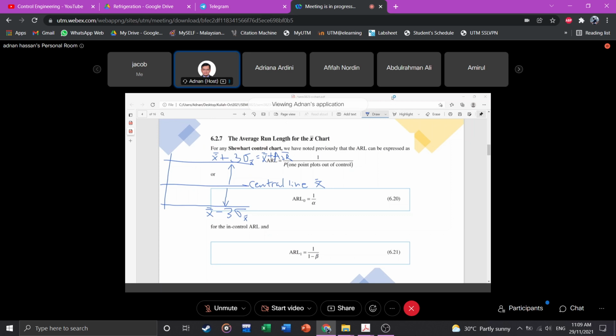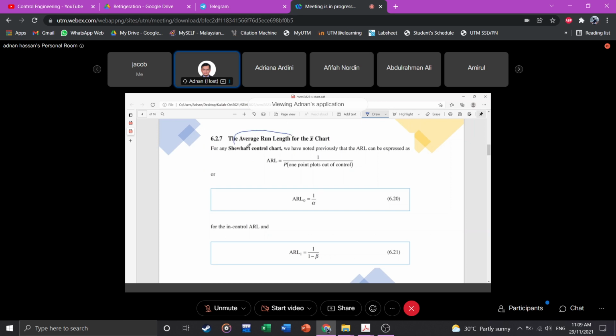Now, as I said, when we design control chart, we want to see how good is the control chart that we designed. We decide the control limit, we decide sampling frequency, we decide sample size. So one measure that we use is called average run length.